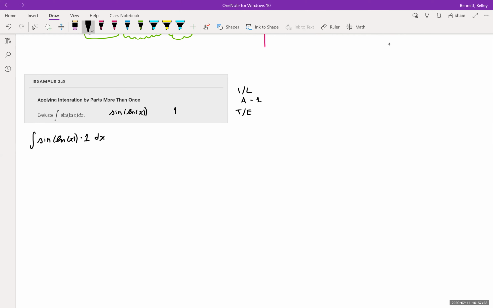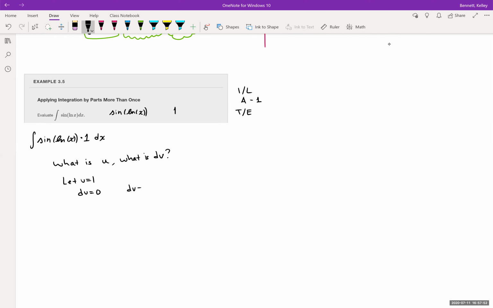So let's make the wrong choice first, just to eliminate. You might think, what is u and what is dv? So if we let u equal 1, we might be thinking like, okay, it's algebraic and sine is trigonometric. Well, then du equals 0.